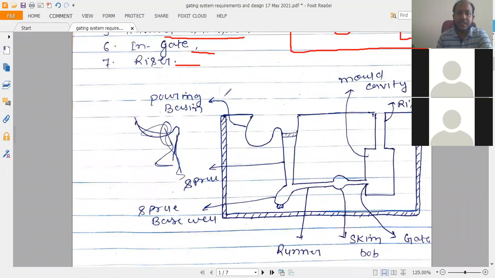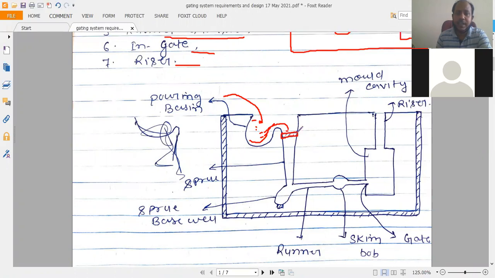From the ladle we pour the molten metal into the pouring basin. Then it slowly goes to the sprue part. There is a strainer, a channel to filter this molten metal, kept here.